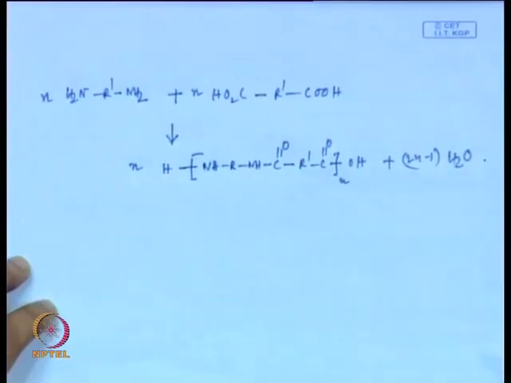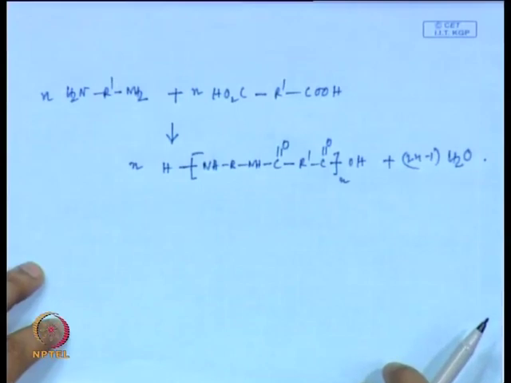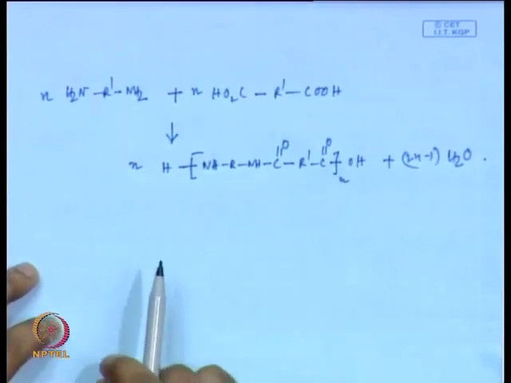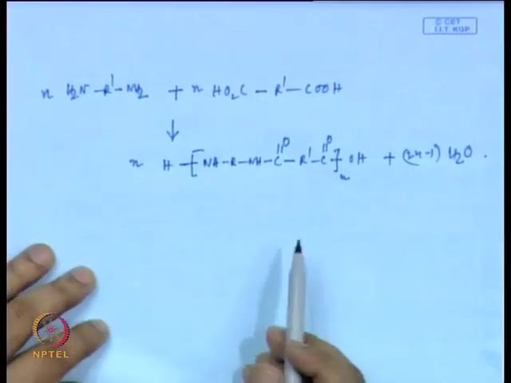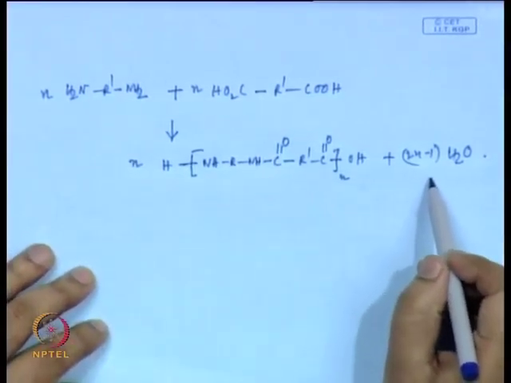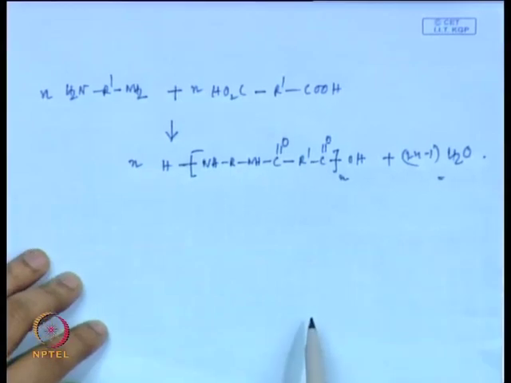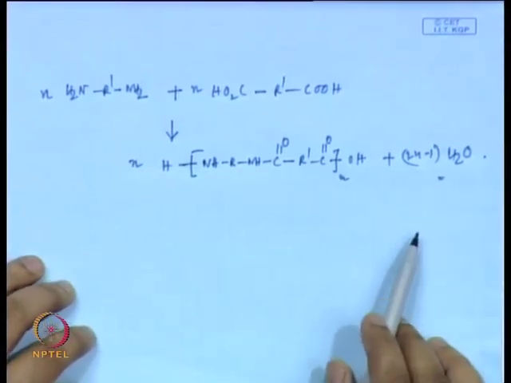So, in both the examples, in the last case when we made polyester, or in this case we are making polyamides, we have elimination of these small molecules, in this case water.